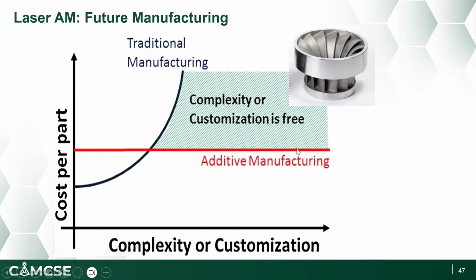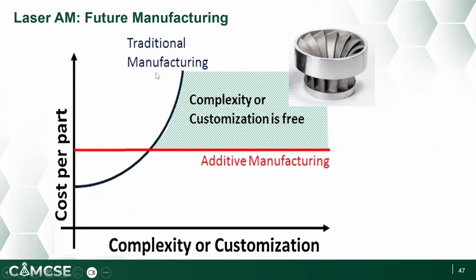Within this plot, you can see that for traditional manufacturing, the cost per part increases exponentially as you try to increase the complexity of the component, right? Which means if you want to build really complex geometries, such as a turbine blade in aerospace, it really takes a fortune to machine it in the machine shop.